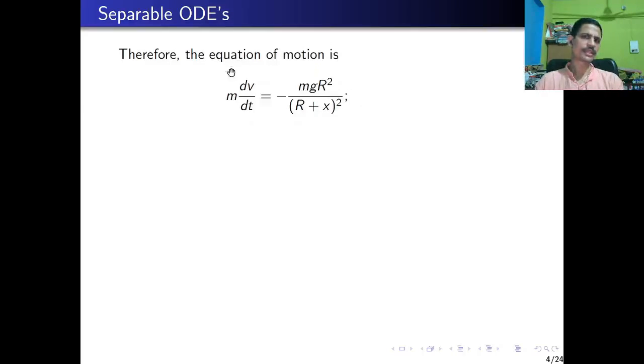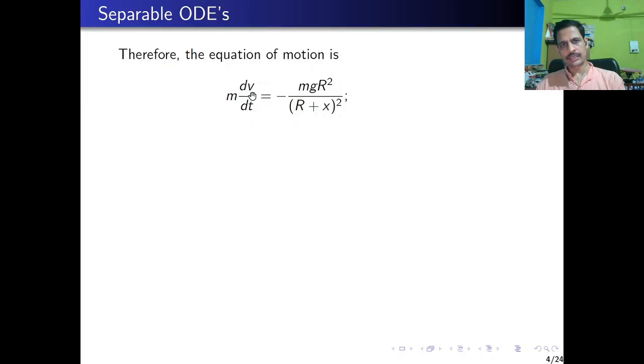You must be familiar with this equation from your physics. Now what we are interested in here is solving this differential equation. So v is the velocity, so v itself is dx by dt, and now this is the expression. The m can be cancelled, and the question is how to solve this differential equation.